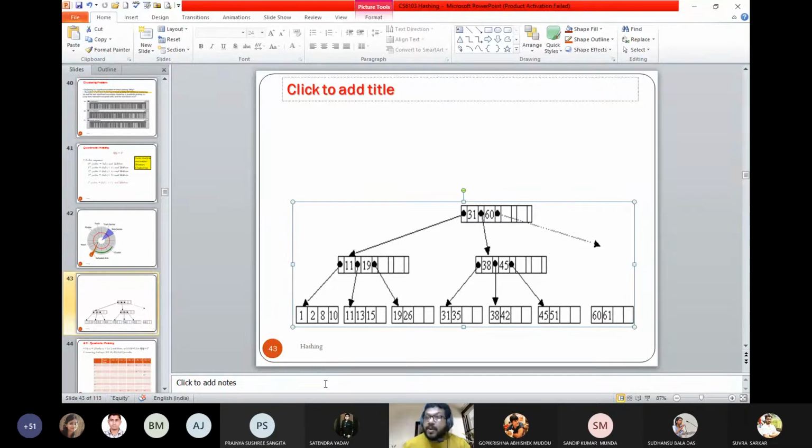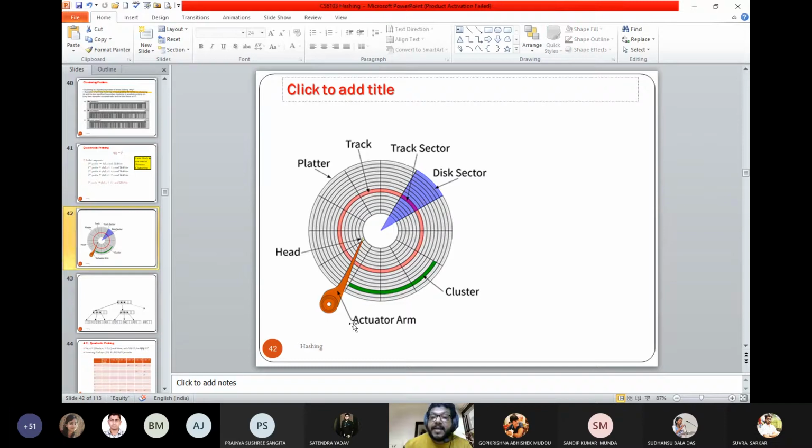Then your control commands the read write head to be positioned onto that cylinder. Why do I say cylinder? Because the disk is rotating. First the read write head is placed on a cylinder, because there are a number of platters with concentric circles. You can take the help of Google to find out what a cylinder is.